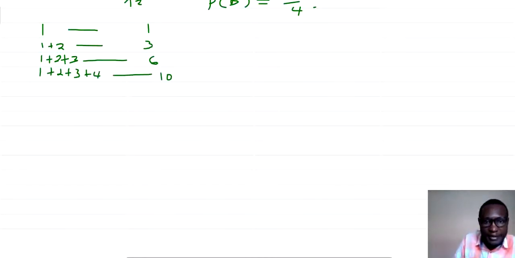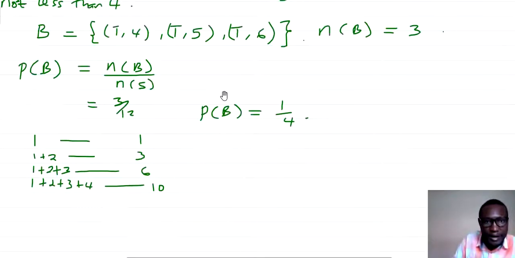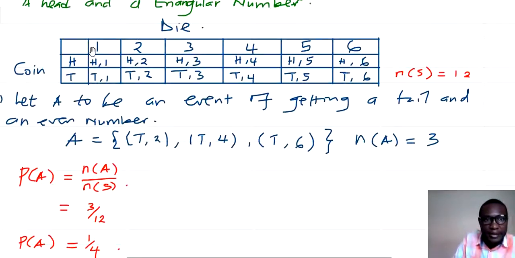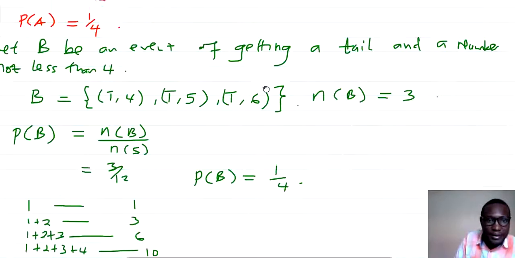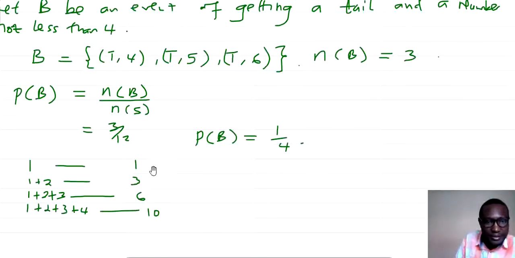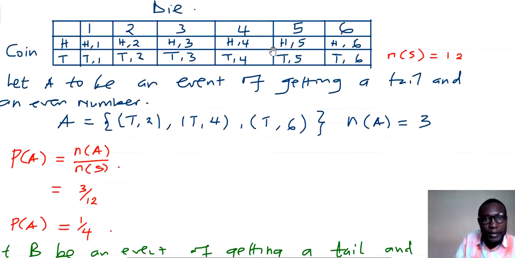Given that the die has its faces numbered 1 to 6, we have gone beyond 6. Our numbers have gone beyond 6. So the triangular numbers that we have in this table are 1, 3, 6.